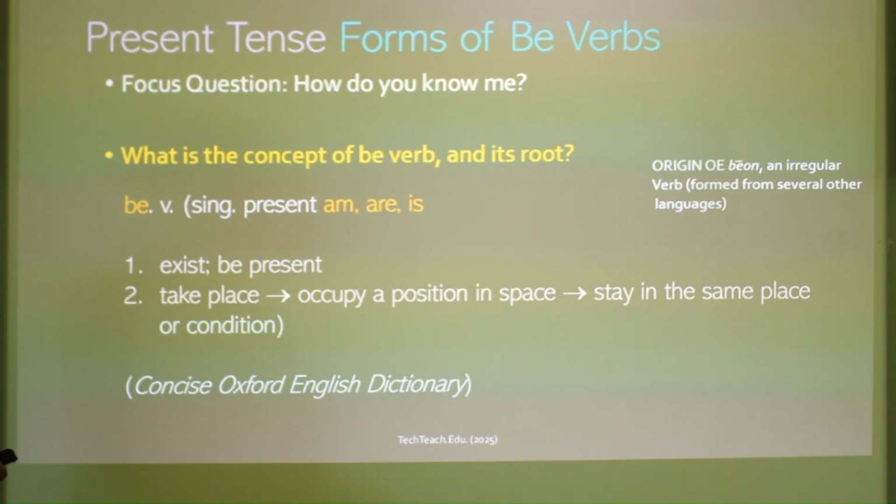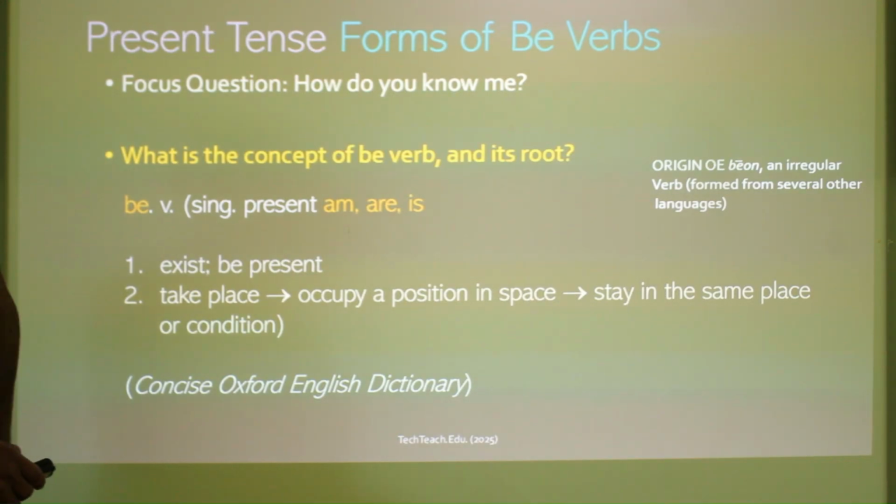What is the concept of be and its root? Singular, present: am, are, is. Be verbs are used to express existence. Remember that. Now, where does this verb come from?